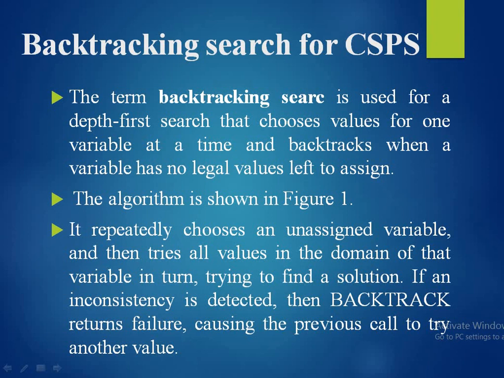It repeatedly chooses an unassigned variable and then tries all values in the domain of that variable in turn, trying to find a solution. If an inconsistency is detected, then backtrack returns failure, causing the previous call to try another value.